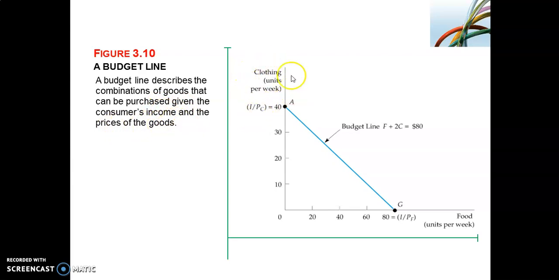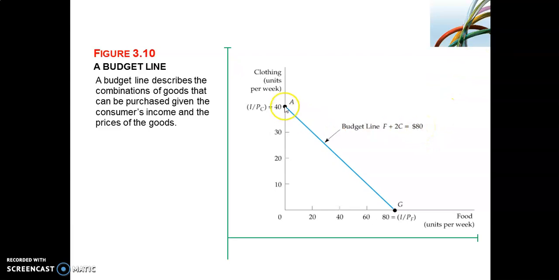Now we are still plotting clothing on the vertical axis and food on the horizontal axis. And the budget line is the budget line that you saw in the previous slide, given as F plus 2C is equal to $80. And we saw the different combinations that can be purchased given the prices of the goods and the income of $80.